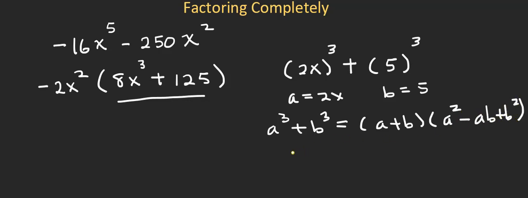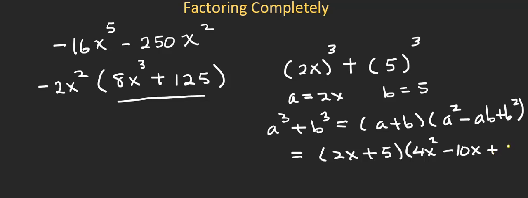So what we've got to do is plug it in. It's going to be 2x plus 5 times the quantity, what is a squared? That's 2x times 2x, which is 4x squared, minus a times b, which is 10x, plus b squared, 25.